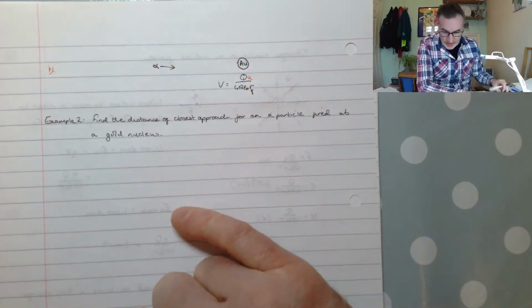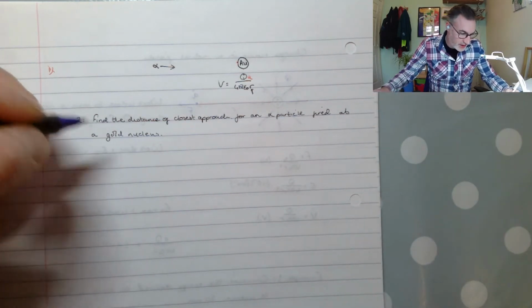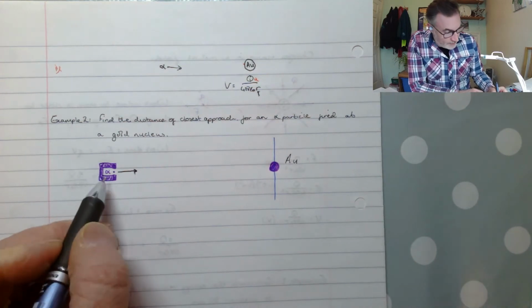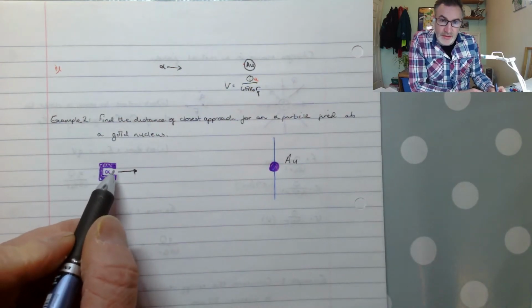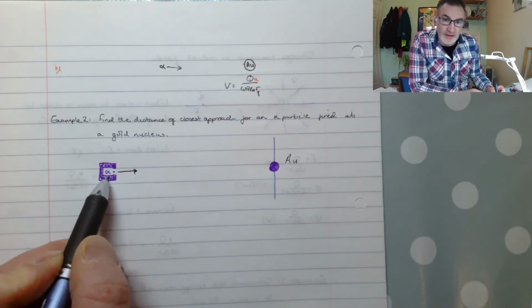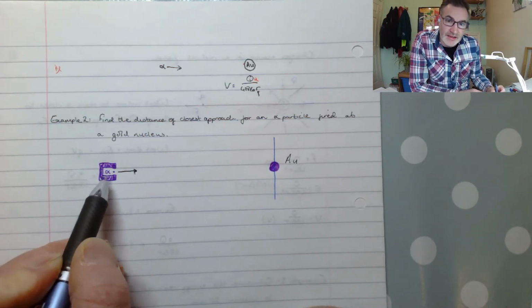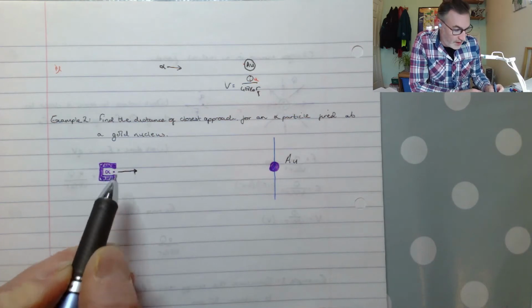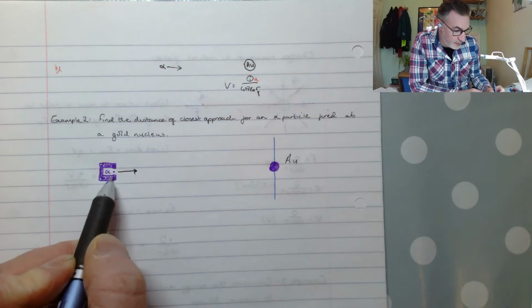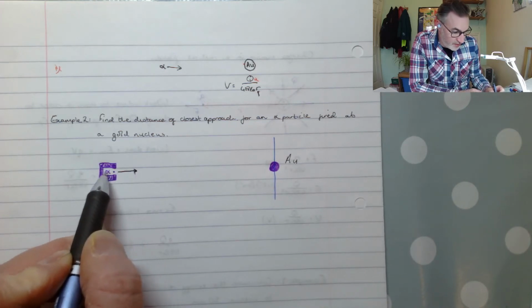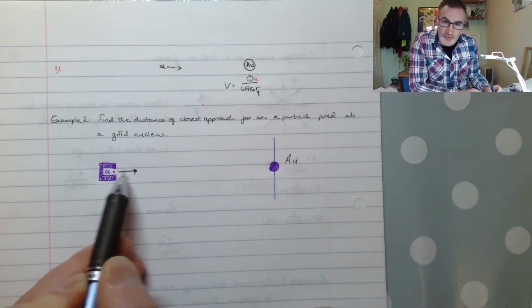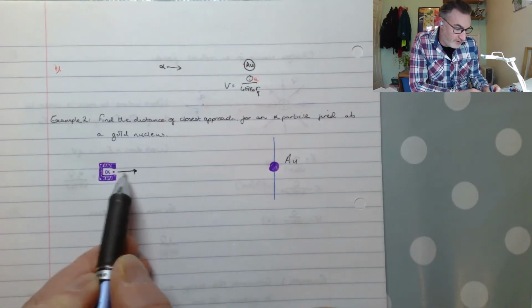Okay, so let's make a little sketch of this. We have our alpha particle here. Typically you would have an alpha generating source in a lead lined box that was open at one end, so that anything fired in other directions would be absorbed, but it would have an aperture that would send out a beam of alpha particles.